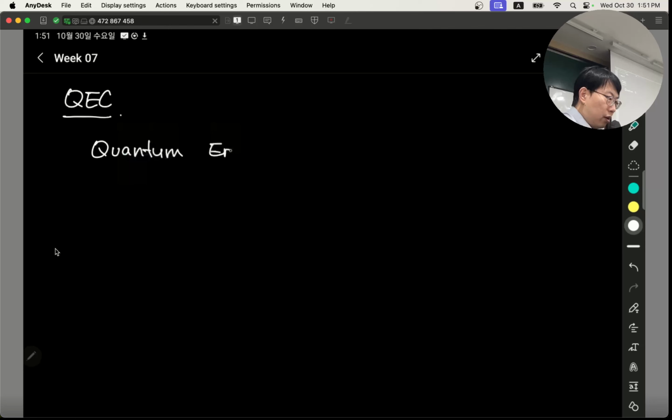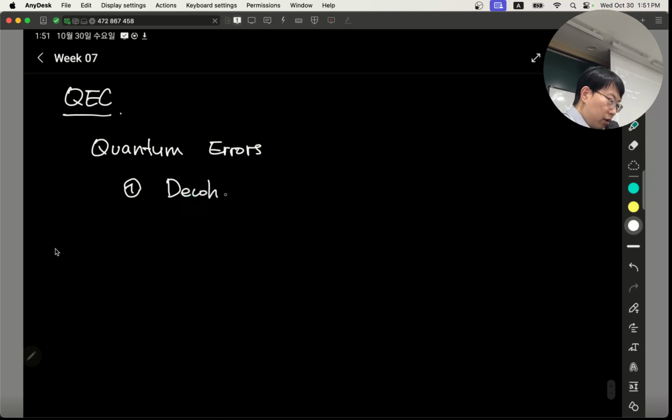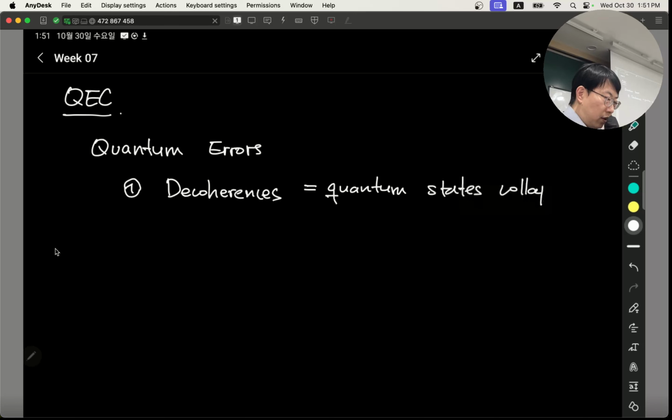Quantum errors are caused by decoherence, meaning that the quantum state collapses by itself because it's not stable.